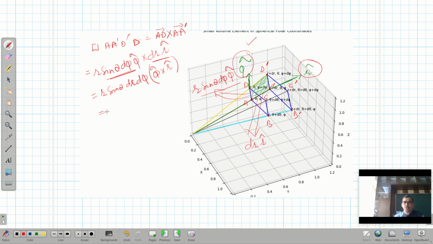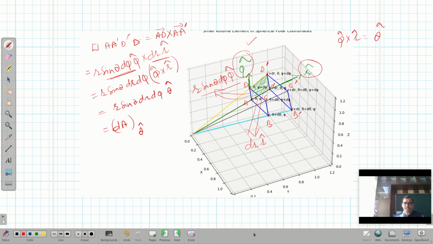So as we know that phi cross r is equal to theta cap. Therefore it is written as r sine theta dr d phi theta cap. So it can be written as a small area element in the direction of theta cap.